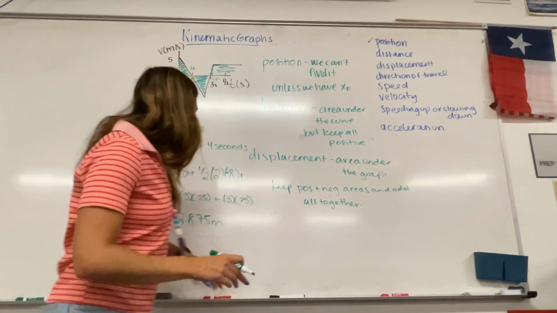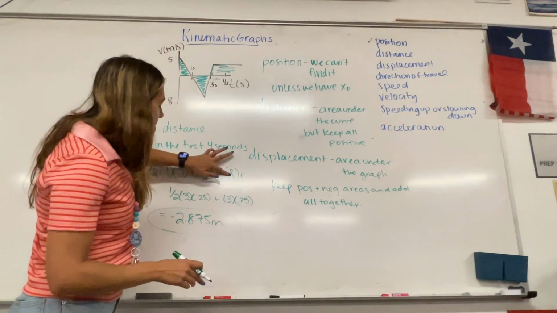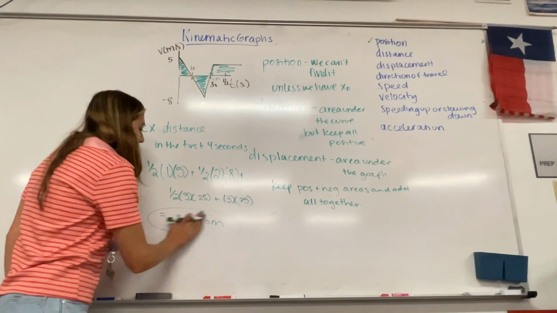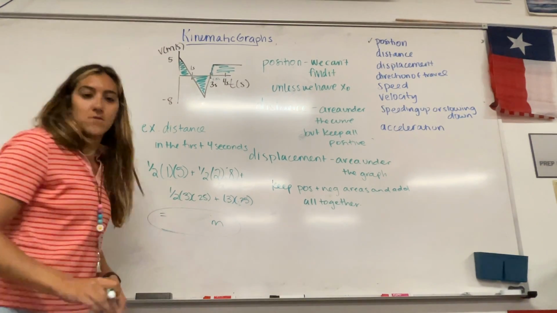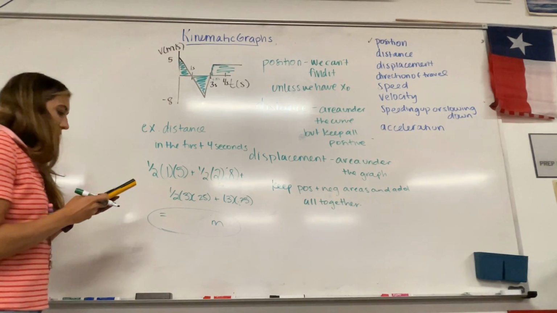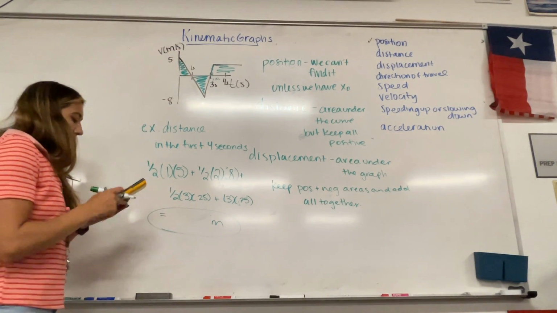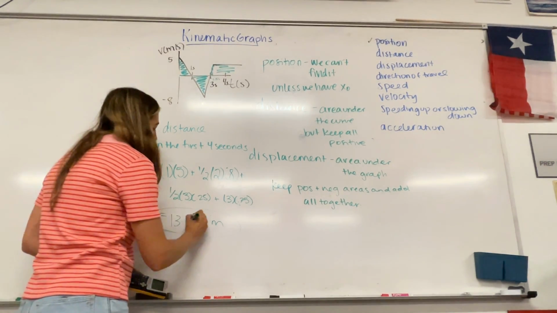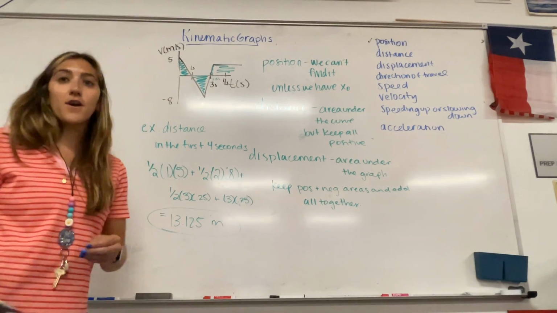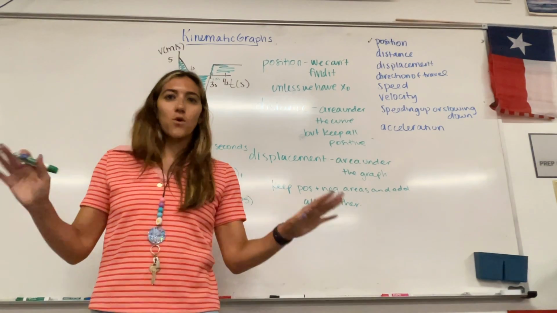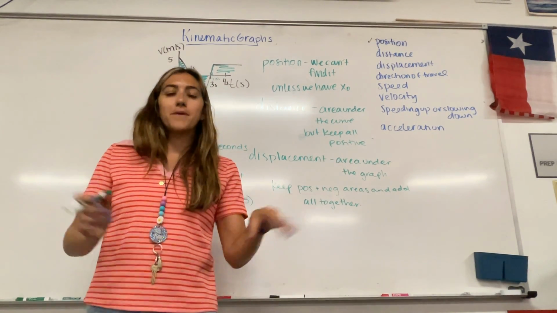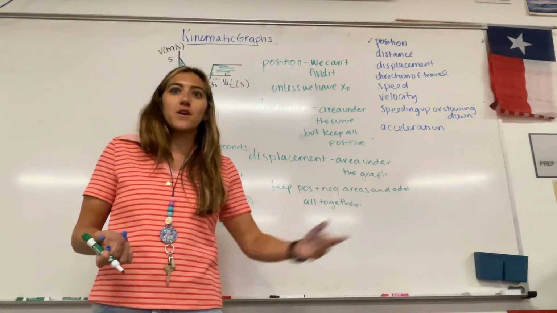So all I have to do is get rid of that little negative sign there and add this all up again, which is 13.125. So that's how far I actually went. So distance is still area under the curve. I just ignore negatives, all positive, because distance is scalar. It only goes one way.